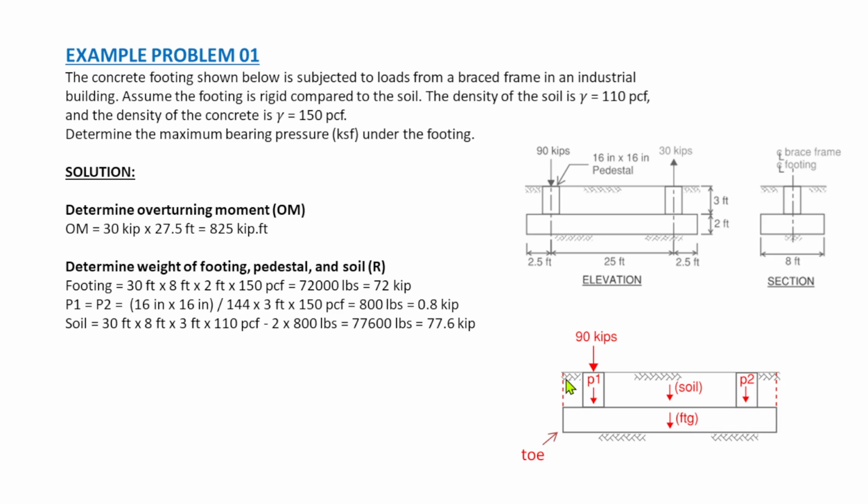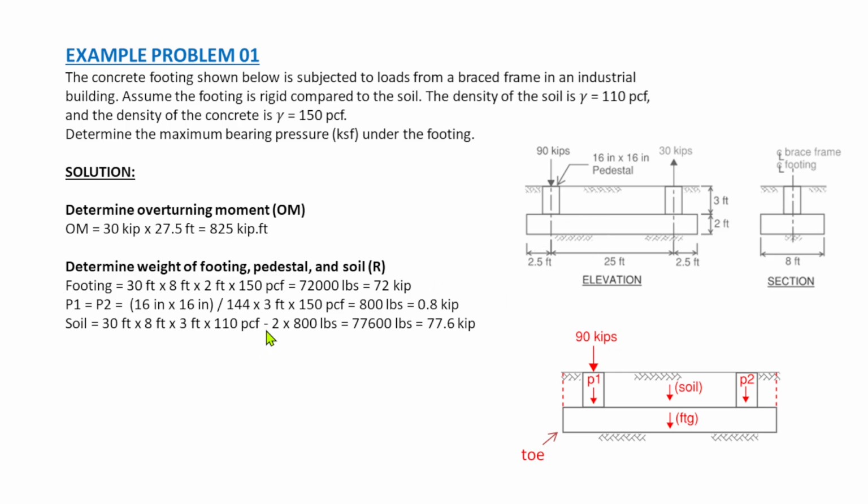The next one is the overburden soil. This whole portion of soil here, we will consider as overburden above the footing, which is 30 feet times 8 feet, the plan dimension of this footing, times 3 feet, the height of the soil, times the density of soil, 110 pounds per cubic foot.